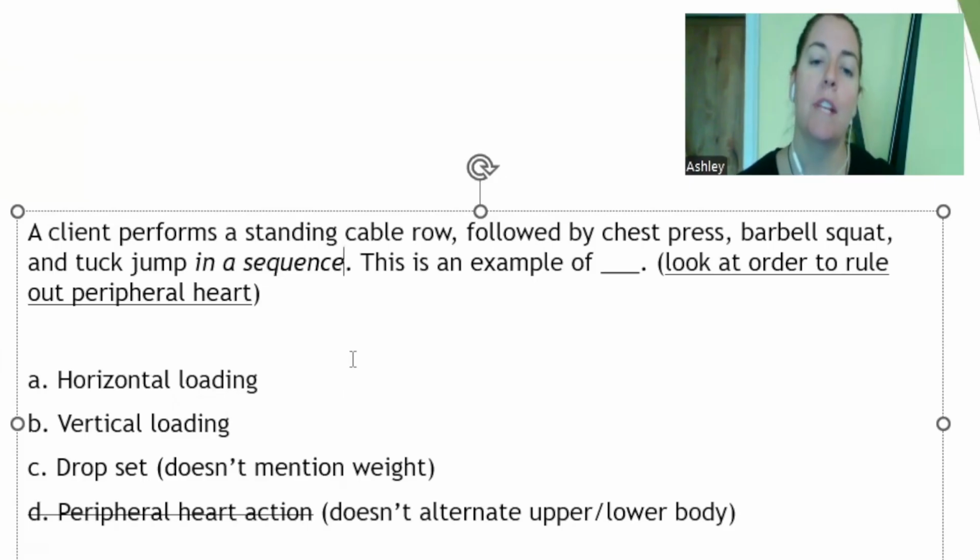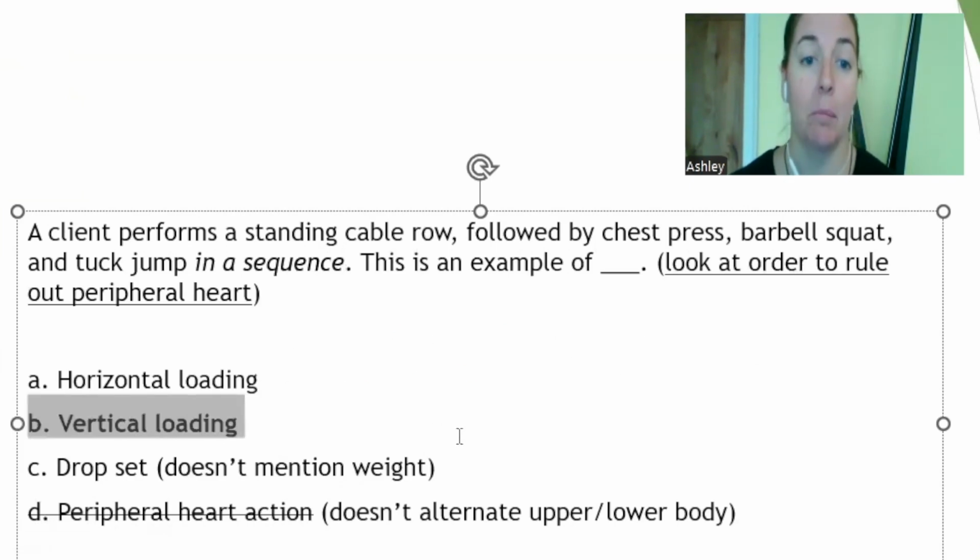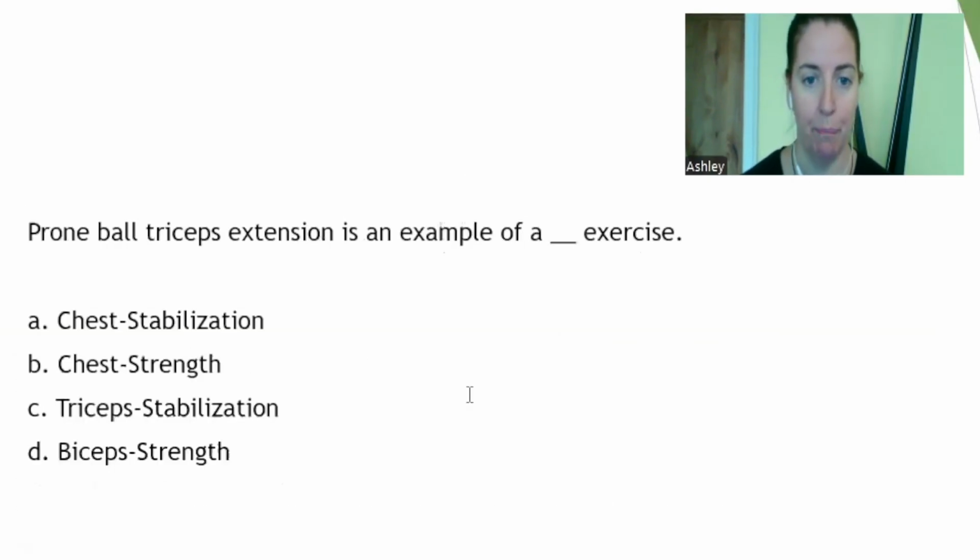What this is saying is row, chest press, squat, tuck jump, repeat. So we can see that we're creating that vertical line, set one, set one, set one, set one. That's going to be our vertical loading. Now, if it said that they completed all sets of a standing cable row followed by all sets of a chest press, that's different. That would be horizontal.